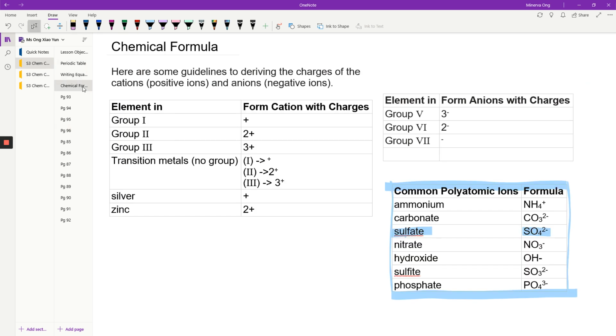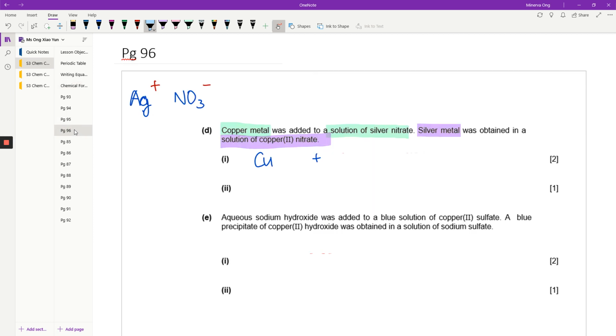Let's go on to here. Silver is usually plus, and nitrate is NO3 minus. So you bring down the numbers, but before you bring down the numbers, I would like to always focus on erasing the plus and minus.